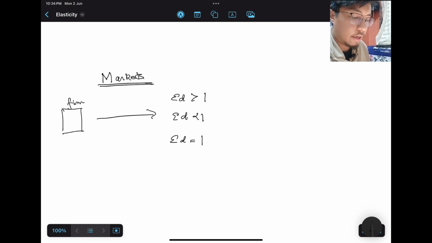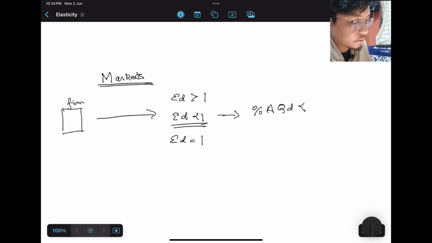Now if I am a producer and I see it is less than one, just like in the above example, what will I do? I'll simply increase the prices. Why? Because the percentage change in quantity demanded is less than the percentage change in prices.